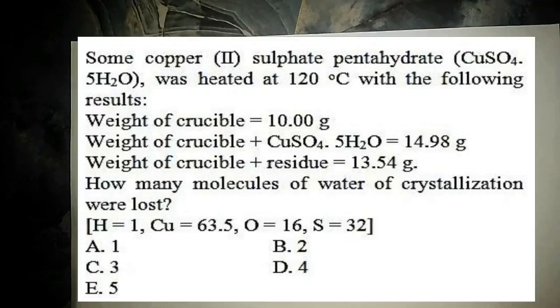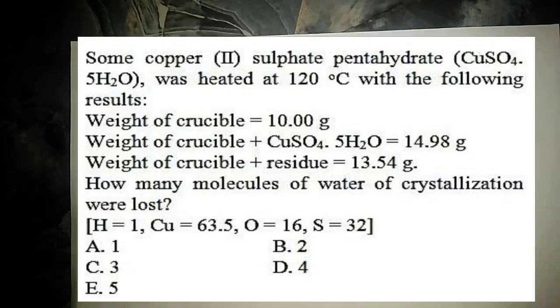Then how many molecules of water of crystallization were lost, given that the relative atomic mass of hydrogen is 1, copper is 63.5, oxygen is 16, sulfur is 32. You can see the options there from A to E. So you have to solve this question and get the answer. So how do we solve this question?